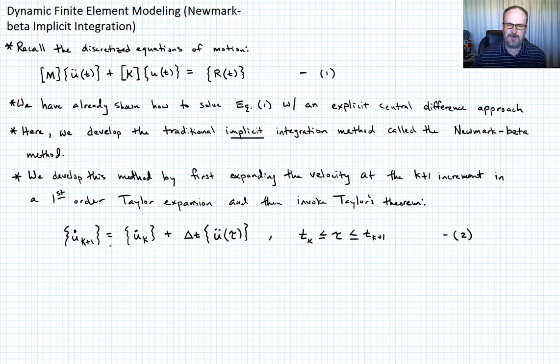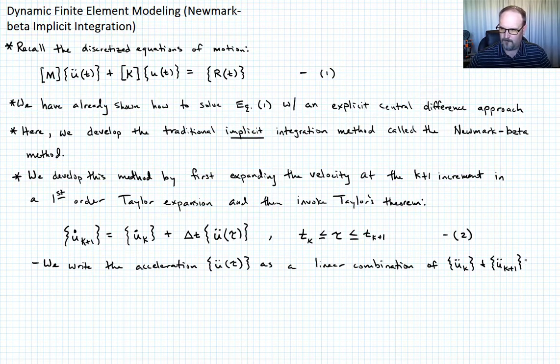So this isn't an approximation, this is actually equal. Now I'm going to write u double dot at tau as a linear combination of the acceleration at time tk and the acceleration at time tk plus 1.